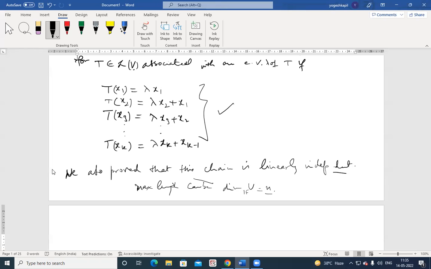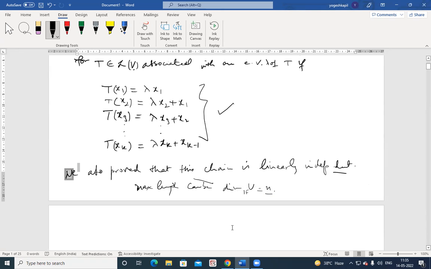And in that case, the matrix of T with respect to that basis, which is a Jordan chain, would be of the kind I just told you. It is lambdas on the diagonal and ones on the super diagonal, and the rest are zeros. This is what we could see.